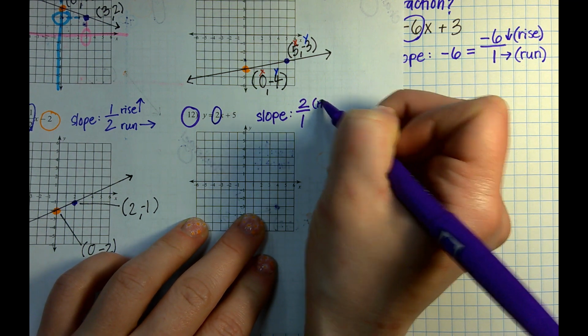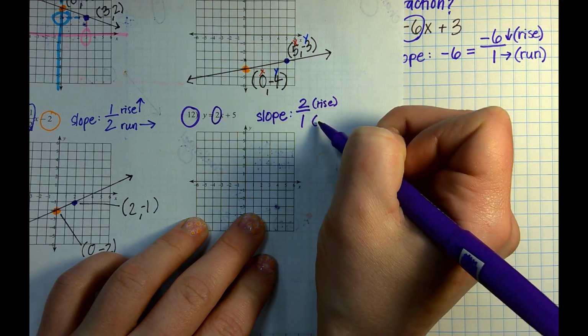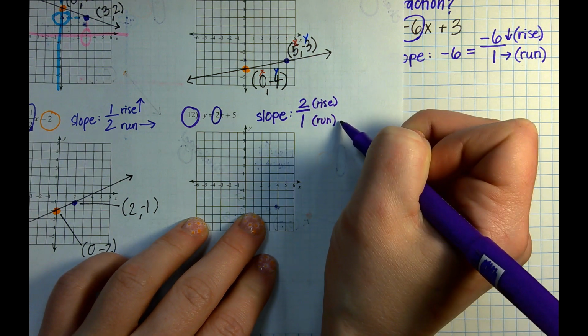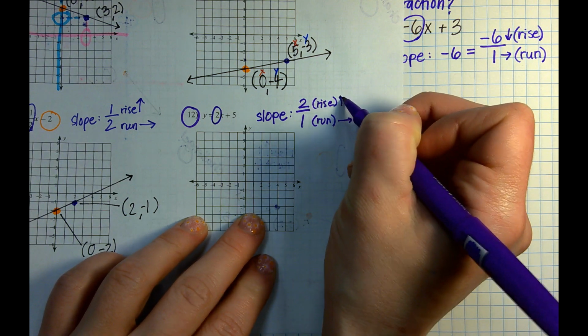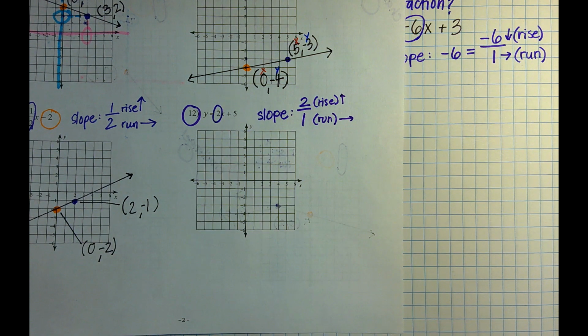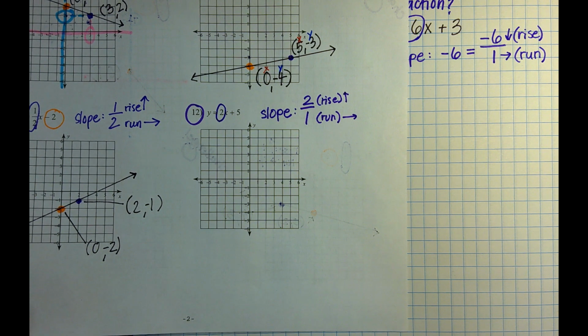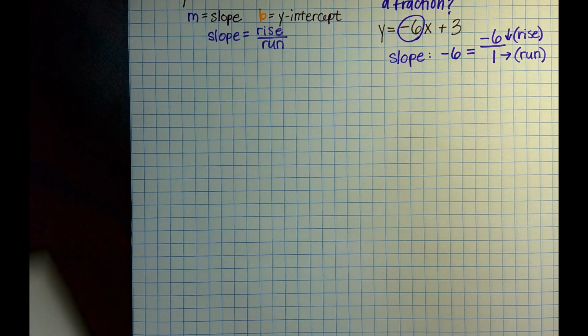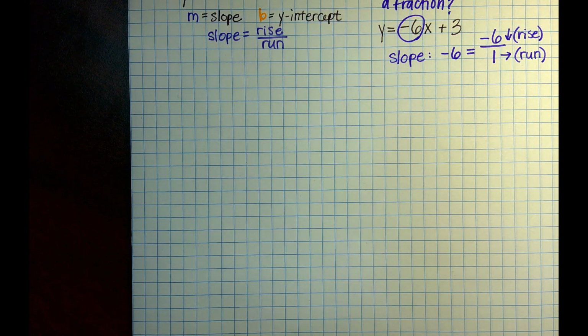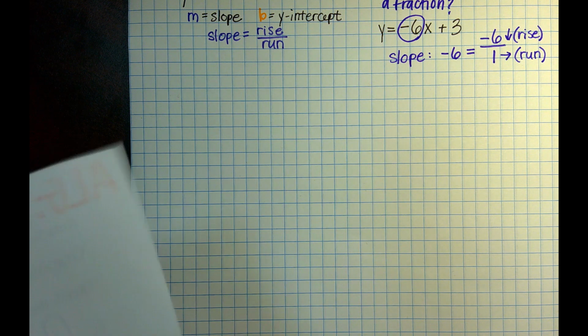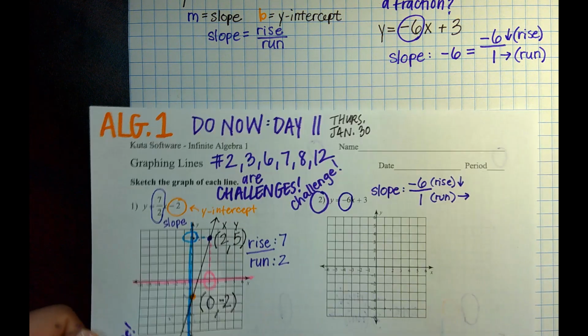So my rise is 2, my run is 1. So anytime there's a whole number, that's all we do. We just put it over 1. Turn it into a fraction. So now that we know that little rule, let's see if we can do number 2 and number 12. We'll do those next.